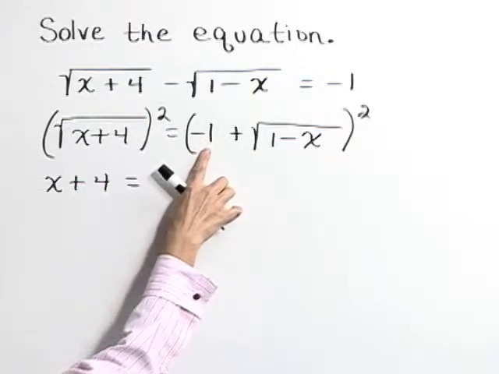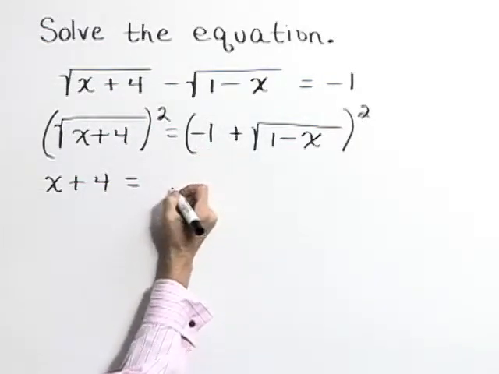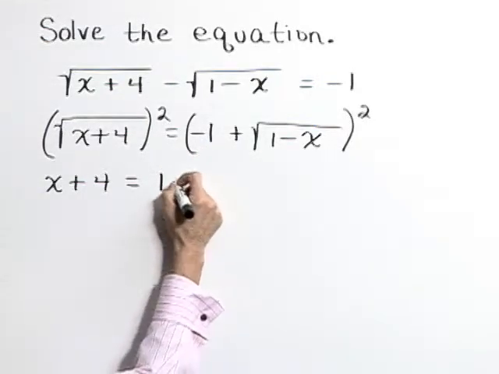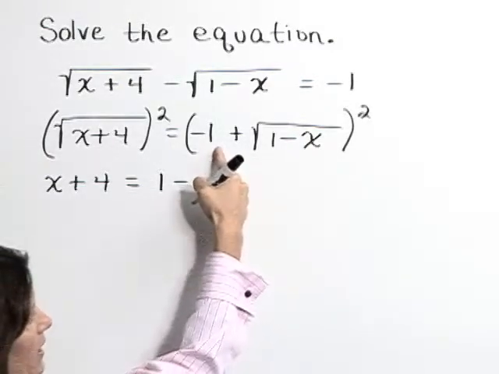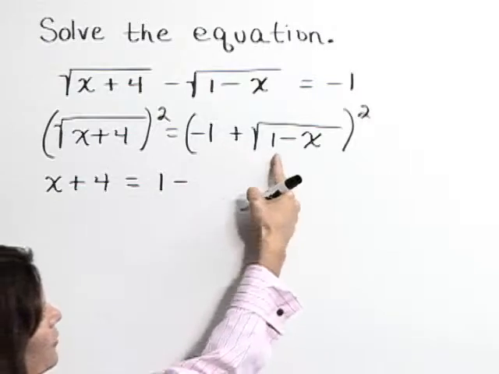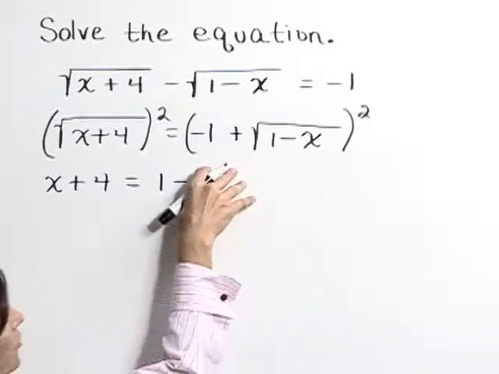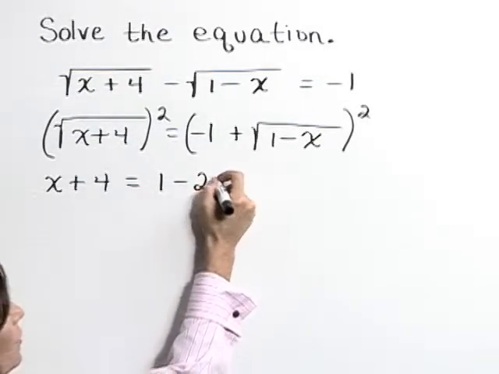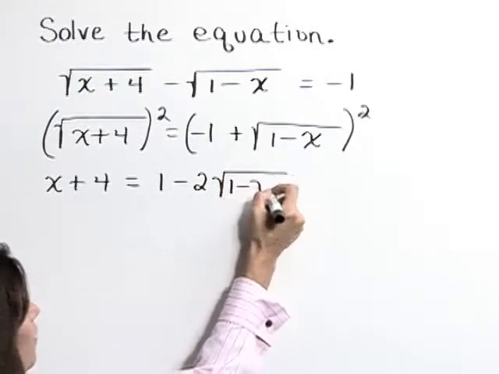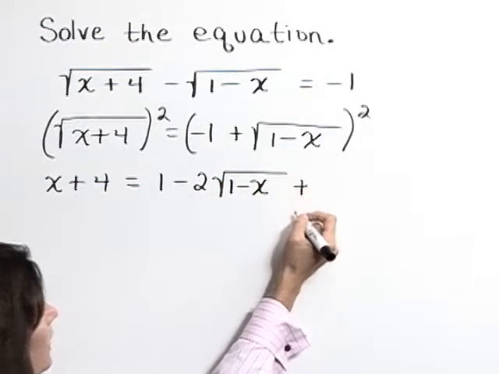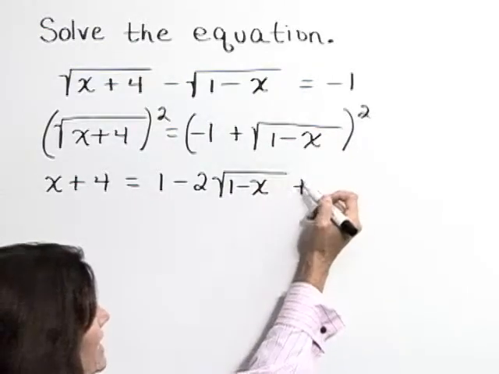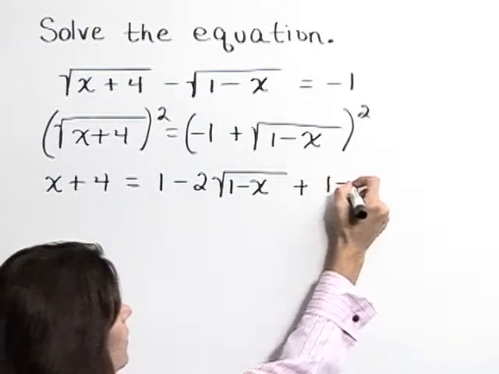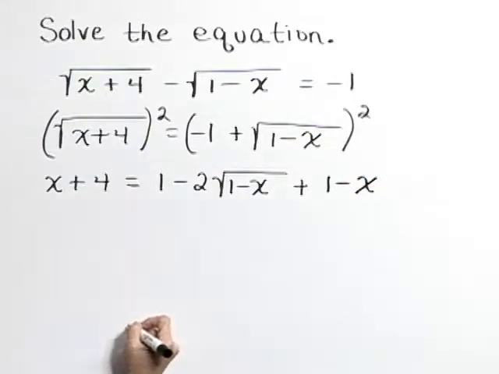As we do, we'll get that first term squared, -1 squared is 1, minus 2 times our inner and outer product, -1 times the square root of 1 minus x. So that twice is a -2 times the square root of 1 minus x, plus this last value squared. And the square root of 1 minus x, quantity squared, is 1 minus x.